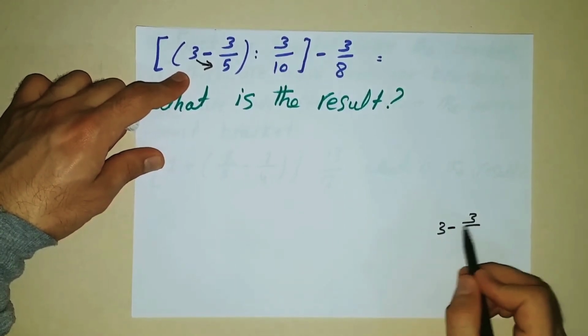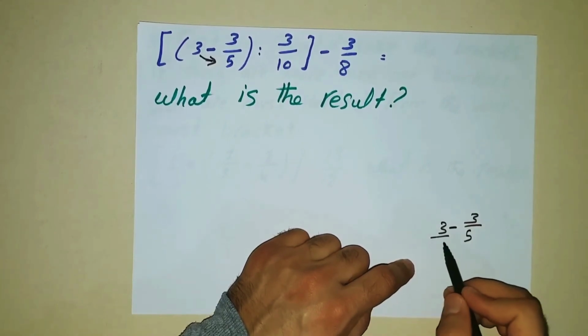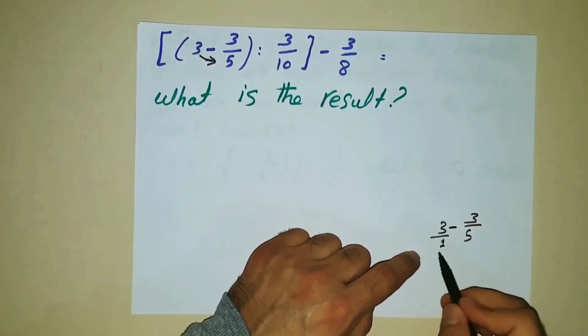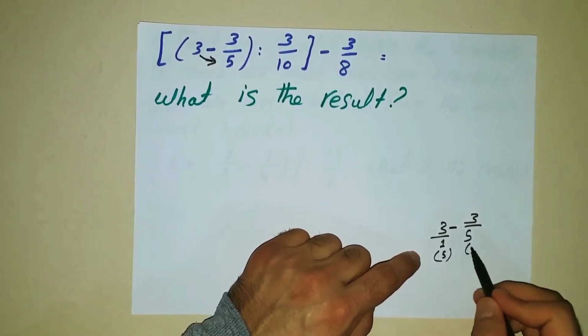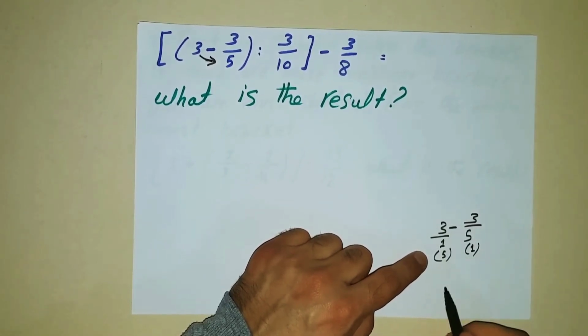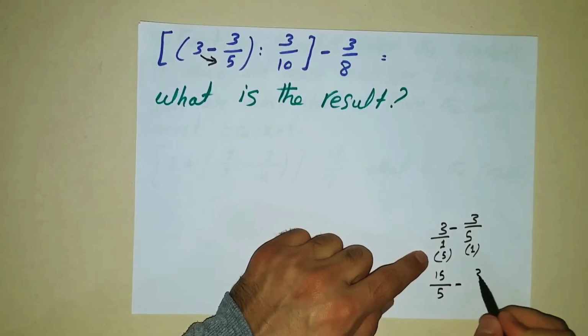It is 3 minus 3 by 5. As you know, in previous videos I was going to make the denominator the same. There is a 1, so I multiply this one with 5 and this with 1. 5 ones are 5, 5 threes are 15, minus 3 by 5.